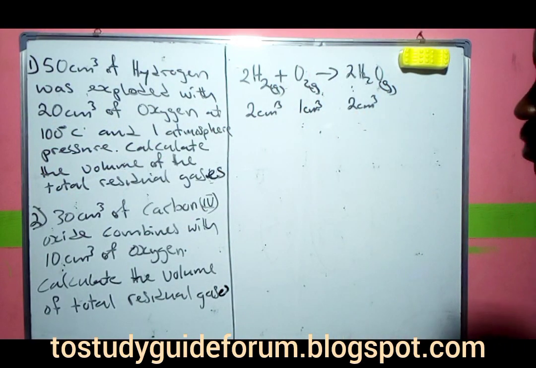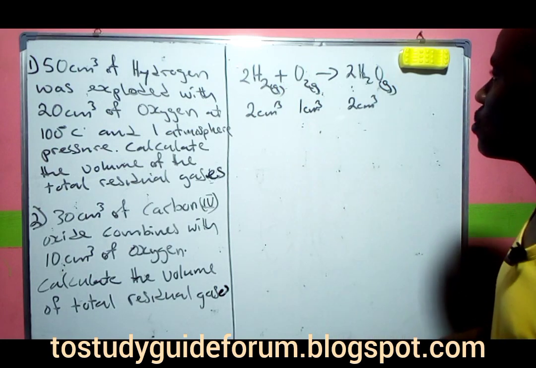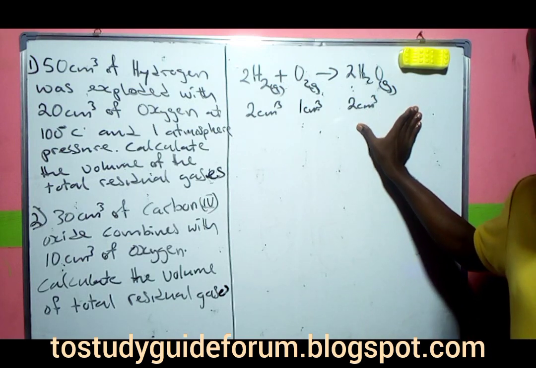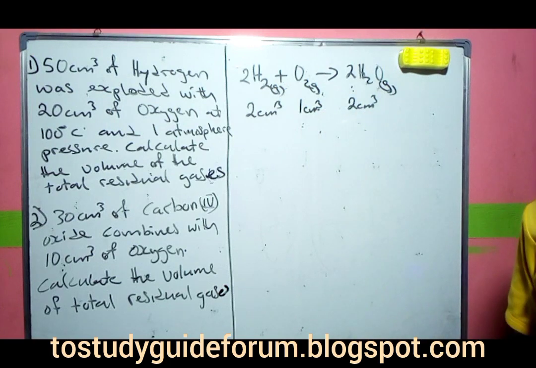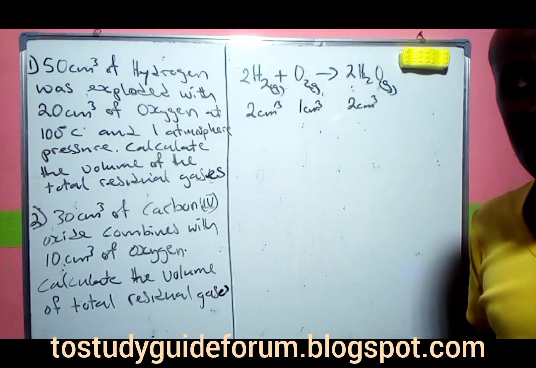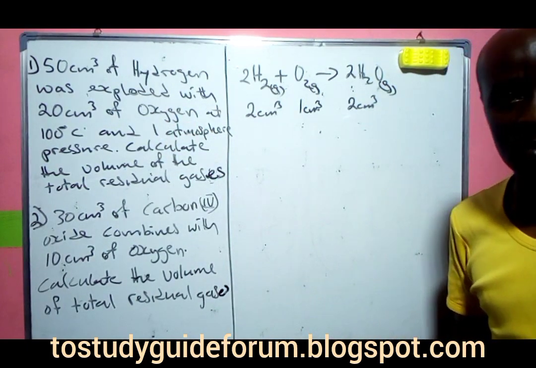To find the limiting reagent, we find out the volume. The one that produces the highest volume of steam is the one that is in excess, while the one that produces the lowest volume of steam is the limiting reagent. That is the limiting one that's not enough. That will always determine what happens in this chemical reaction.